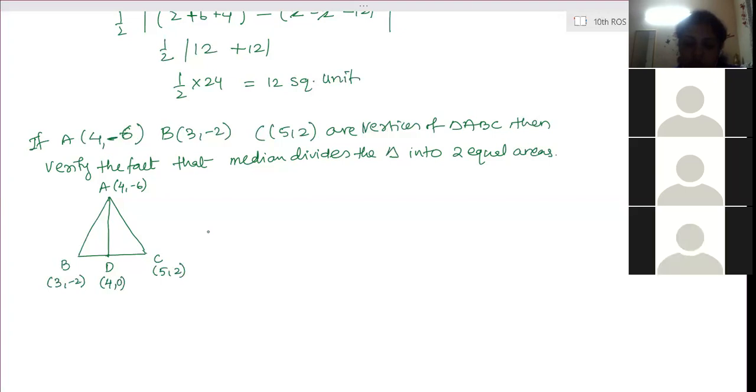Ma'am, I got 3 square units. Both of them? Yes, ma'am, both. Okay.